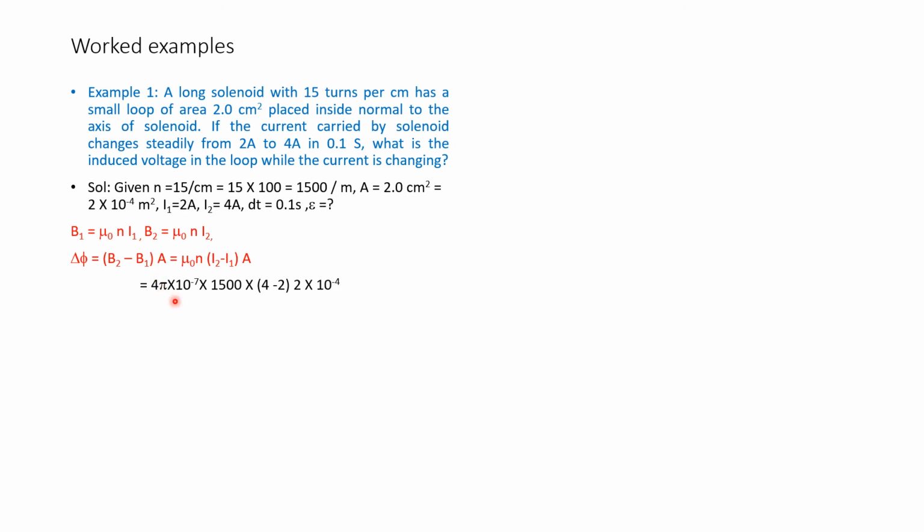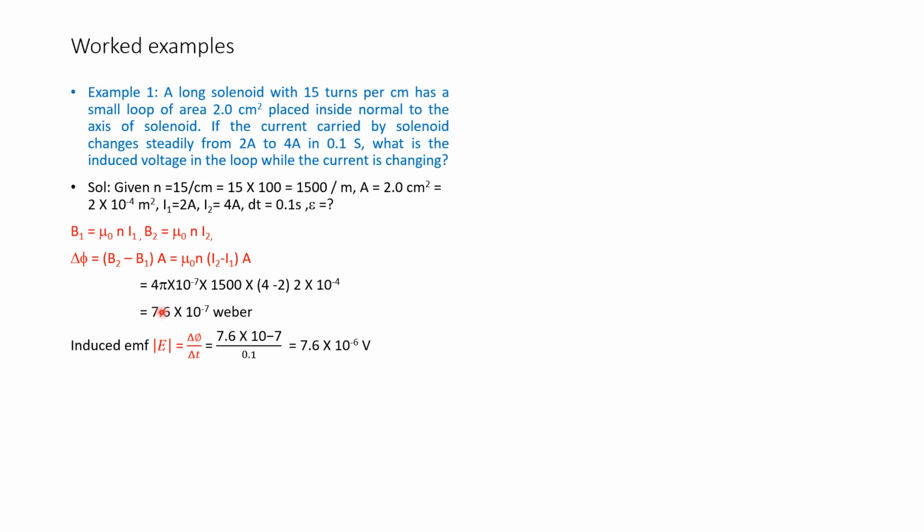Substituting the values, mu naught is 4 pi into 10 to the power of minus 7, N is the number of turns 1500, I2 minus I1 is 4 minus 2, into A which is 2 into 10 to the power of minus 4. That is equal to 7.6 into 10 to the power of minus 7 Webers.